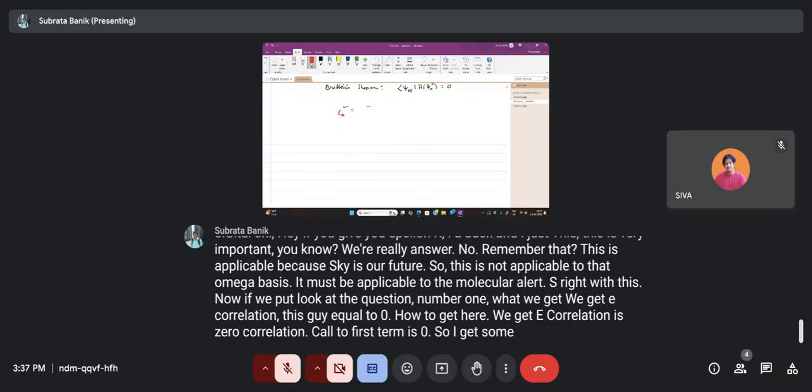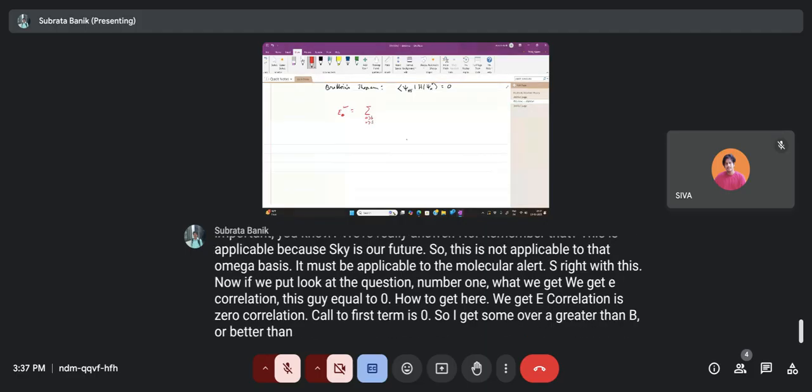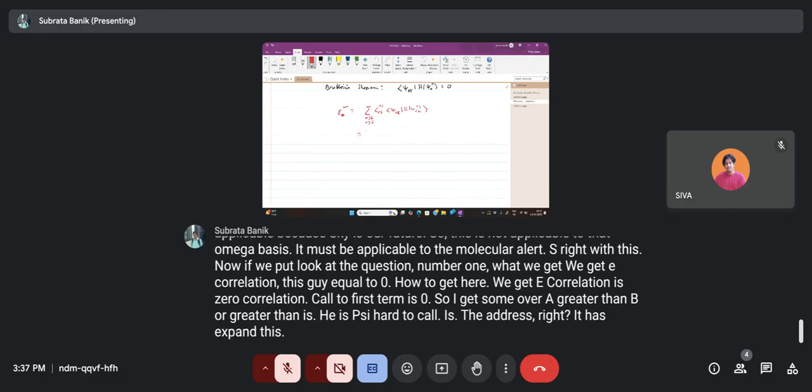So I get the sum over A greater than B, R greater than S of C, A B R S, psi Hartree-Fock, H, psi A B R S. Let us expand this.